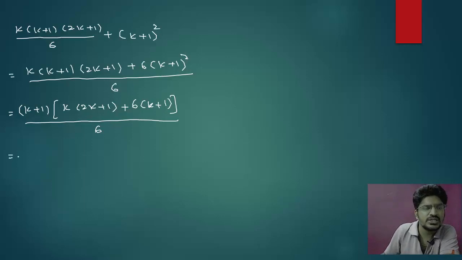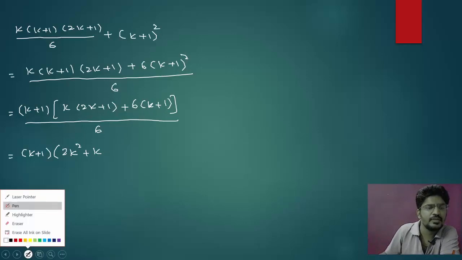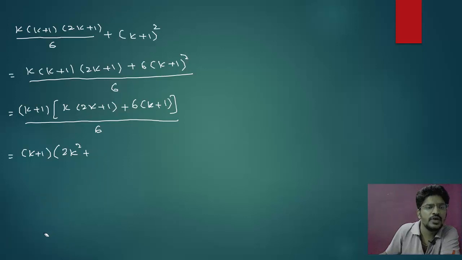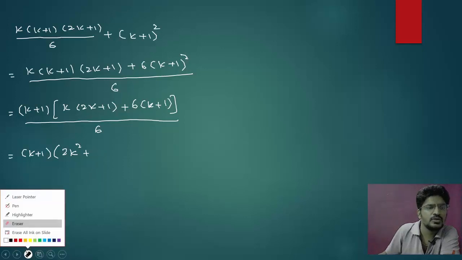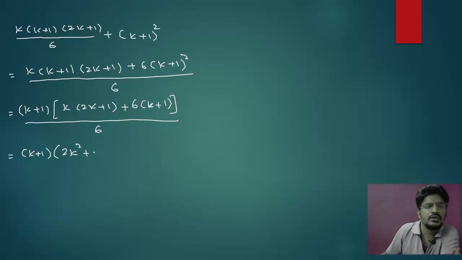So now you can see that this is going to be k plus 1 into 2k square plus k. Here you have plus 6k. 6k plus k is 7k.